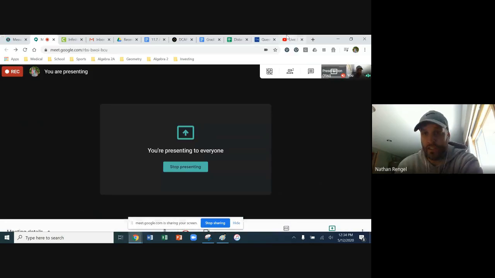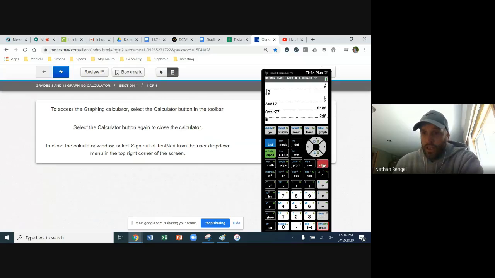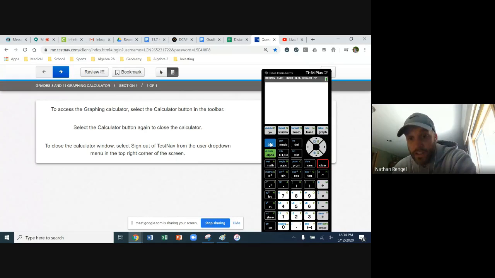So if we head to our calculator, to get a cube root, the square root is diagonal from the 7, but that's not going to work for what we need it for. We need the cube root, which is some number times itself equals 27 or 125. So to get to that, you're going to hit math.